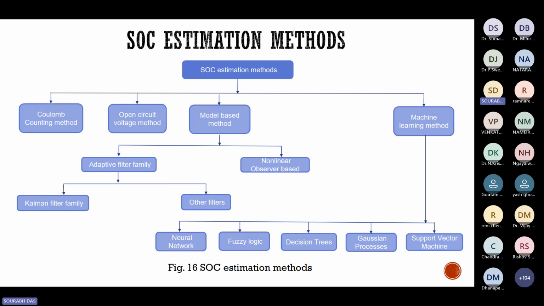These models are trained based on historical battery data, then learn complex relationships between the input variables and the output variable. In our case, the input variables are the terminal voltage and load current, and the output parameter is the state of charge.